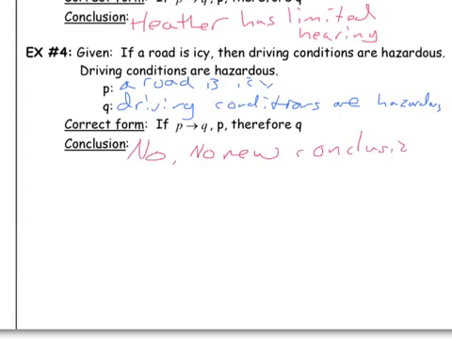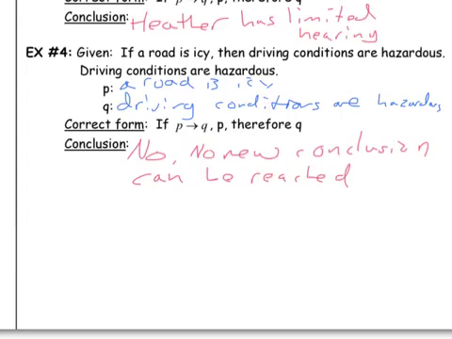And that's because, let me finish writing this, just because the driving conditions are hazardous doesn't necessarily mean that it's because the road is icy. Right? There's any number of reasons why the driving conditions can be hazardous. Like the road could be flooded, there could be a fire, there could be a giant accident on the road.